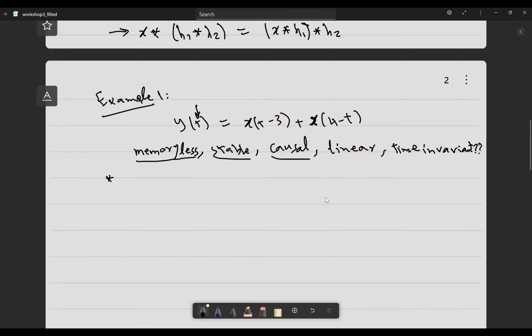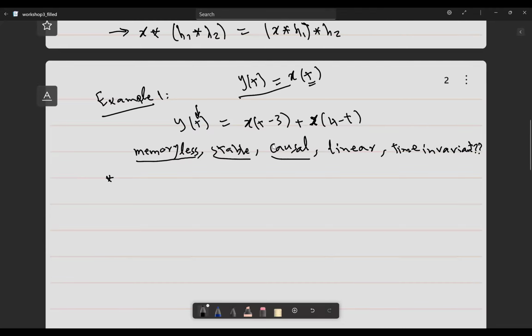In other words, a memoryless system, in order to produce an output at the current time, only needs the input at the current time. Is that clear? So to produce y(t), it needs x at time t only, nothing else.